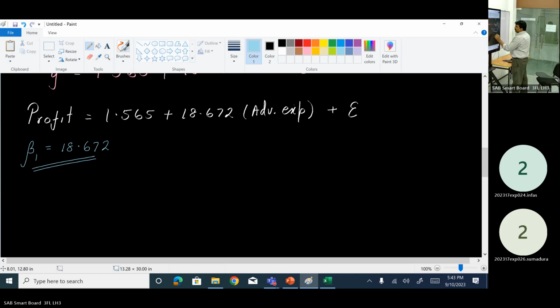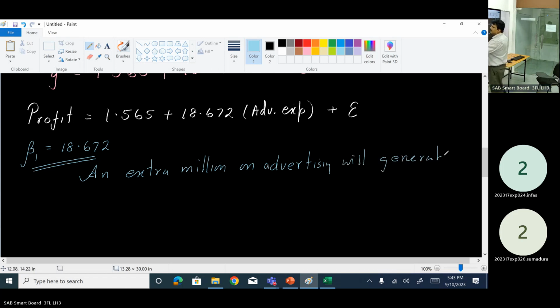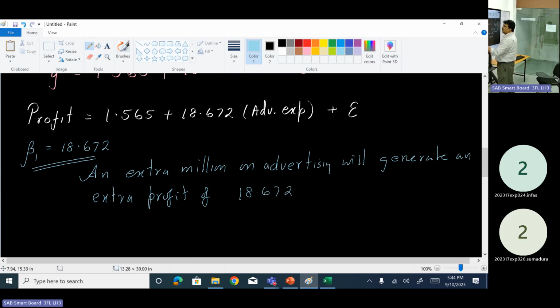So, an extra million on advertising will generate an extra profit of 18.672 million pounds on average.